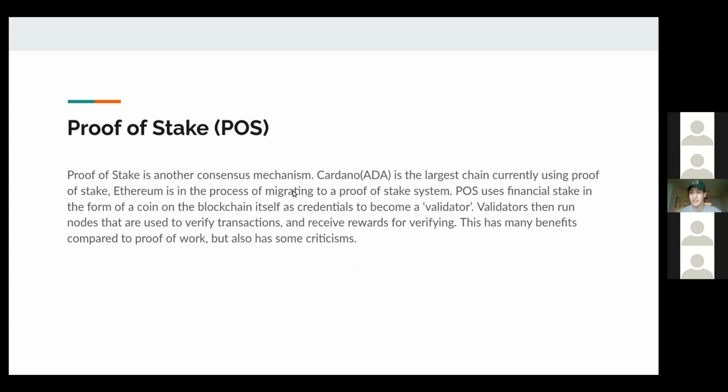I should address that for proof of stake because it's very important. I told you need a lot of currency to run this node, right? So what if I only have a little currency and I want to stake it and make money on it? Well, you can still do that. You just need to be part of a group of people contributing to that stake. Cardano does it. I have some Cardano staked and I make money on it by doing nothing. It's great.